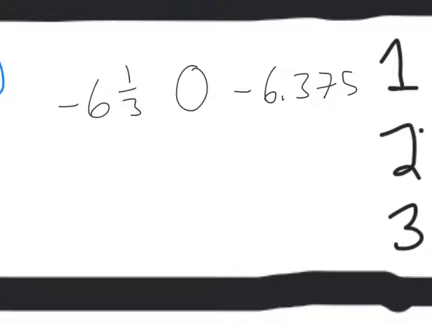It's probably easiest to take negative 6 and 1/3 and change that to a decimal. So let's go ahead and do that. The 6 is going to be your whole number, so that goes to the left of the decimal, 6 point something. And now all we have to do is divide the 1/3 to find the rest of this decimal.